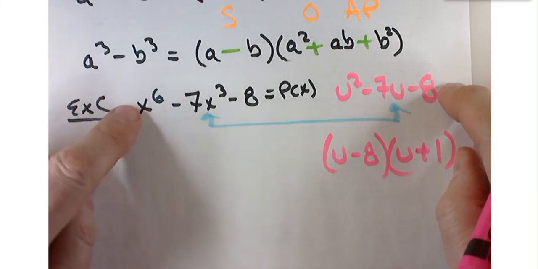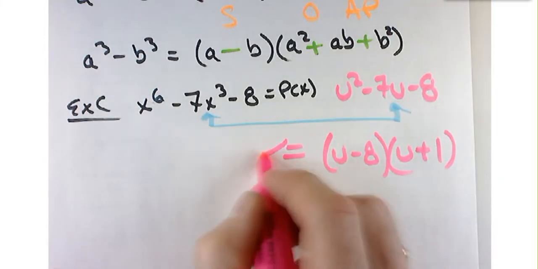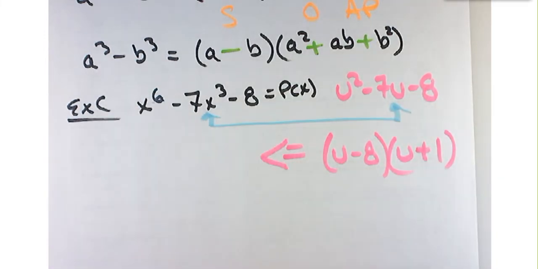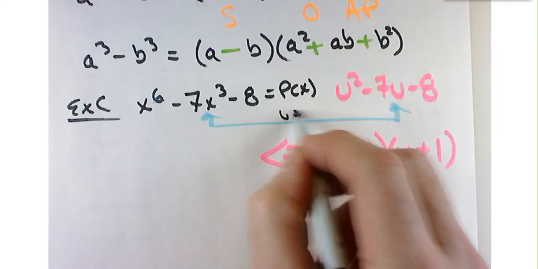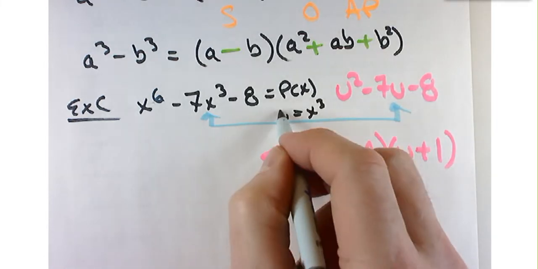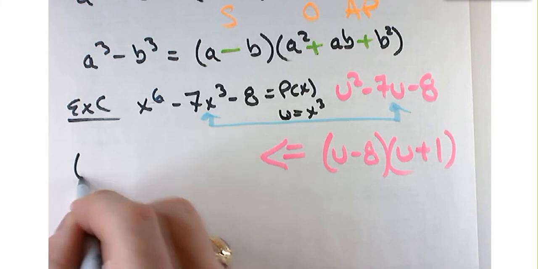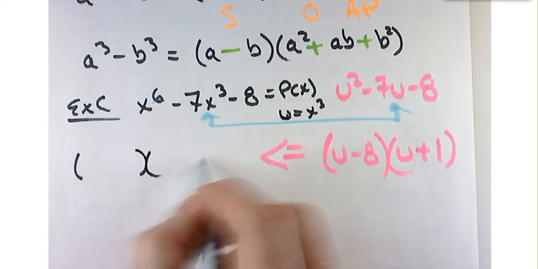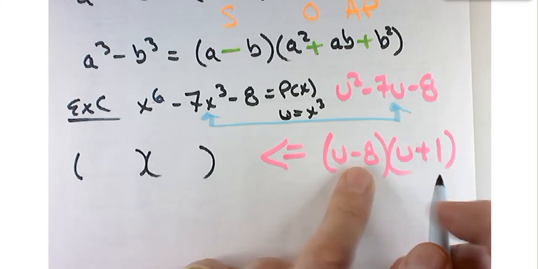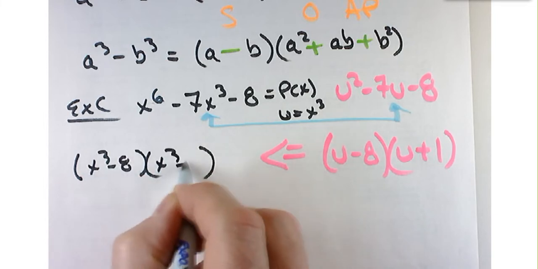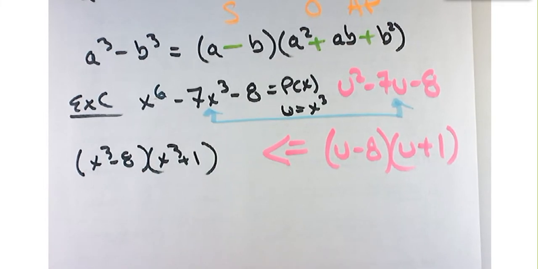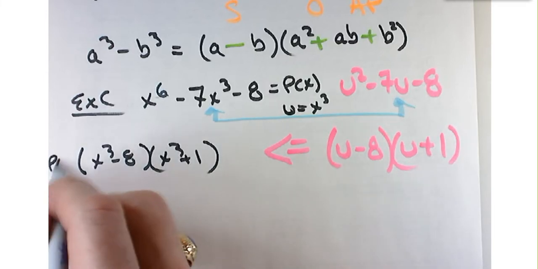Now, how can I use that to factor this? Well, what was u taking the place of? u was equaling x cubed, right? So that means this is x cubed minus 8 and x cubed plus 1. Okay, so that's our factorization of p of x.